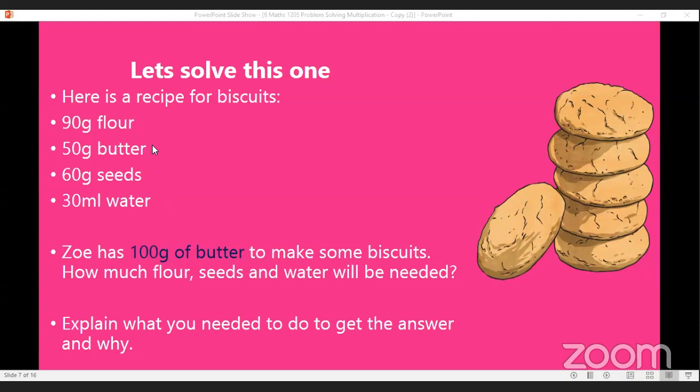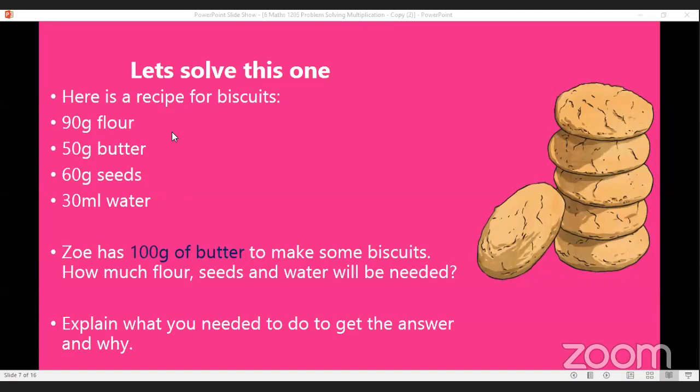So what did Zoe do to the butter? She doubled it. So if Zoe doubled the butter, shouldn't she double the other ingredients? They should. Exactly. Otherwise those biscuits are going to have more butter. She wants to balance the recipe.